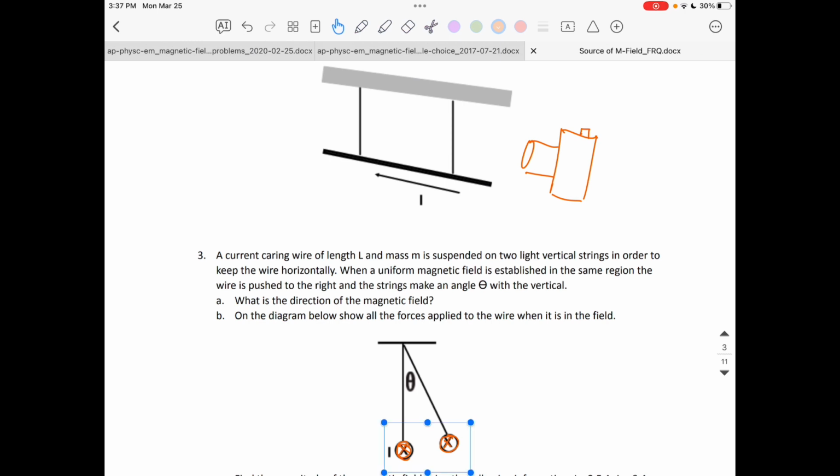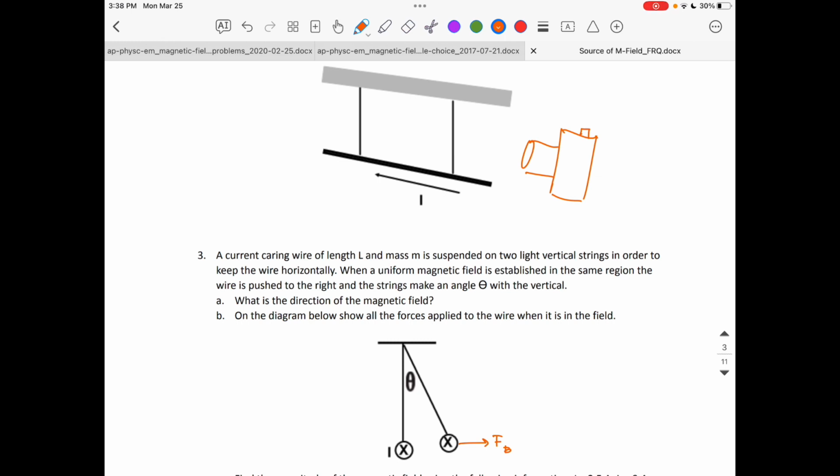So for the first step, we are going to start with the direction of the magnetic field. It tells us that the wire is pushed to the right, and so we know that there is going to be some sort of magnetic force pushing it to the right.